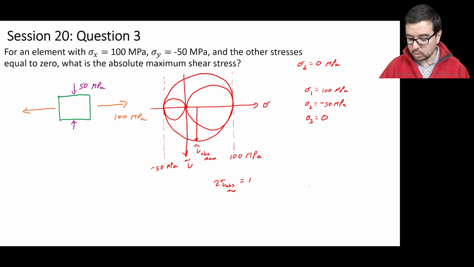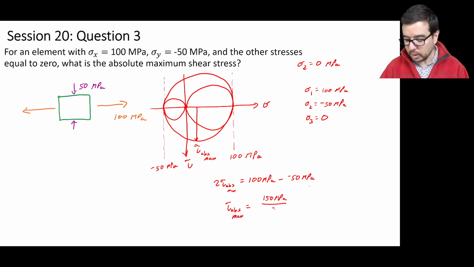So we can say that's going to be 100 megapascals minus negative 50 megapascals, and that means that the absolute max would be equal to 150 megapascals divided by 2, or 75 megapascals.